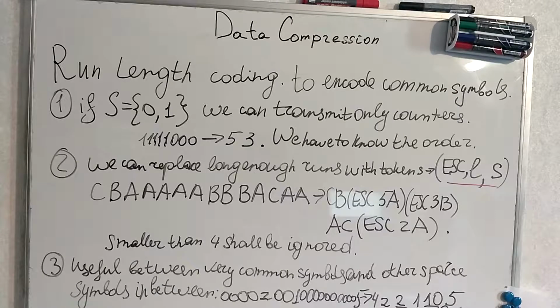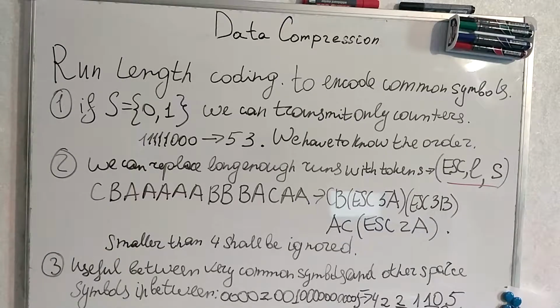In the second example, we can replace long enough runs with tokens. Each token consists of an escape sequence indicating the start of a run, the length of the run, and the symbol itself. As you can see here, C and B runs are too small.